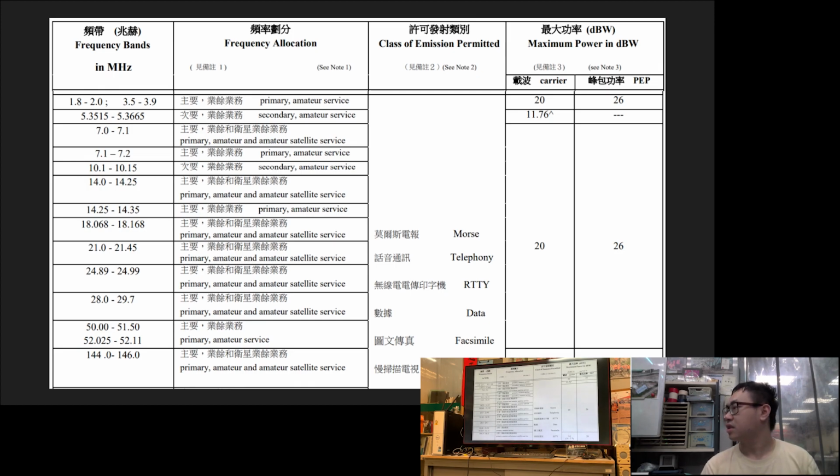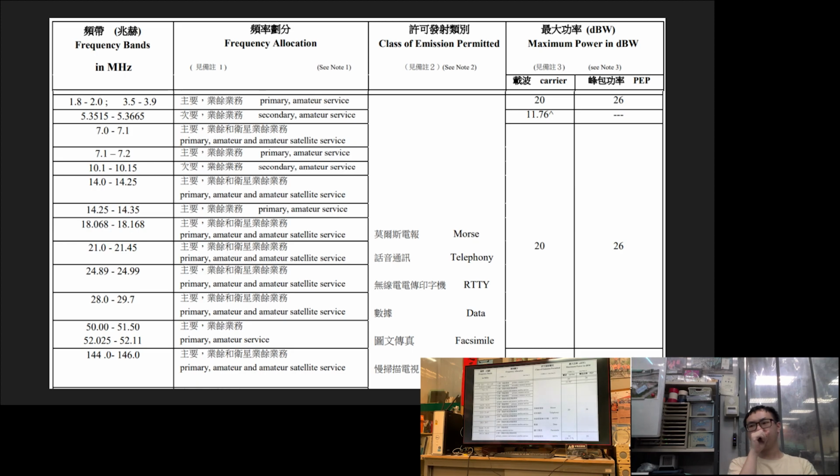Well, I think this class only applies to a fixed station. So if you are using a portable machine, then you fall into a different category. That means I cannot have a portable unit, even like 7 dBW, I cannot use. You can use the same machine but transmit less than 20.